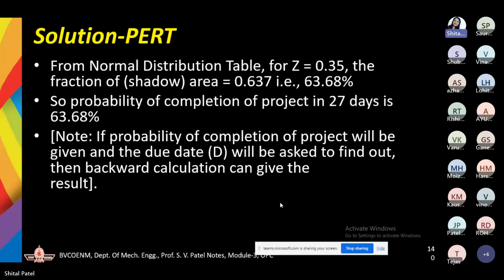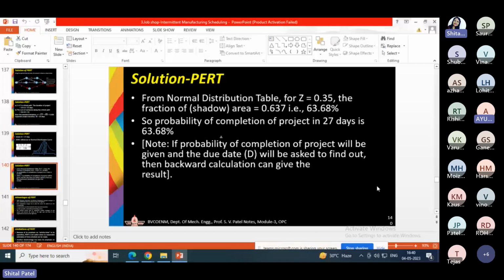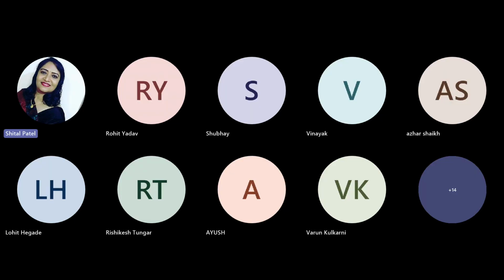So practice all these numericals, and then next lecture, whenever I'm going to conduct it, at that time if you have a query, please raise it. But practice this PERT and CPM today itself. From the book of Telsung, or otherwise, I have given you the PDF as well.